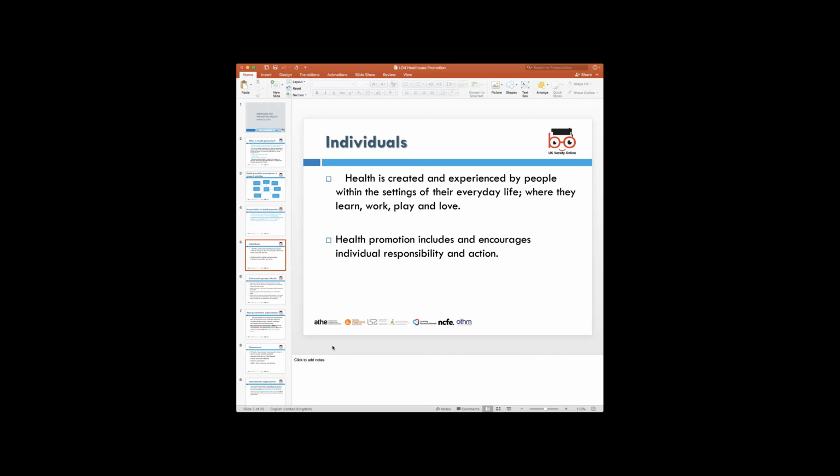I think the main responsibility at our individual level is that we need to have a healthy lifestyle. That means we need to be able to take care of ourselves. We should have a lifestyle which allows us to learn, work, play, or basically do our daily set of activities, and that should lead us to having a normal everyday life.